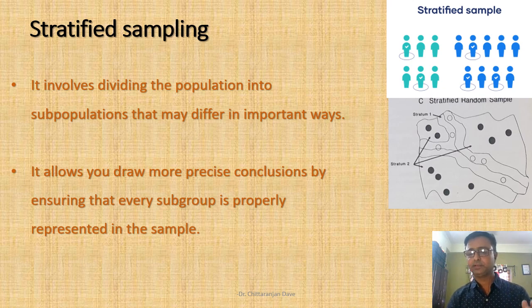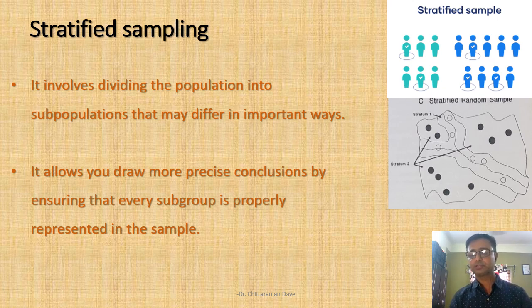In case of objects also, let's say trees, there are some species of trees or some height of the trees. So in nature, things are not randomly arranged. So there is some pattern, and to understand that pattern, we select objects or individuals randomly from each pattern. That's called stratified sampling.